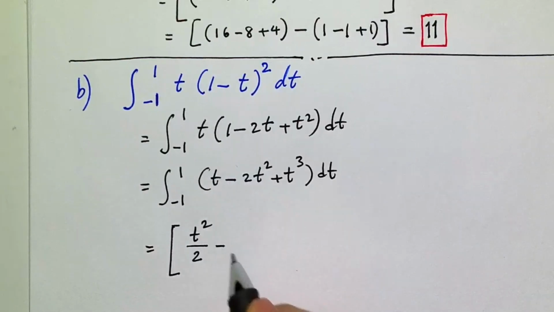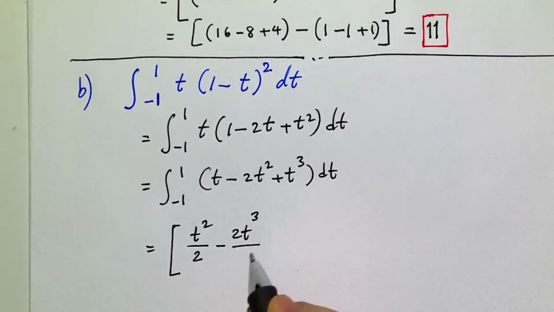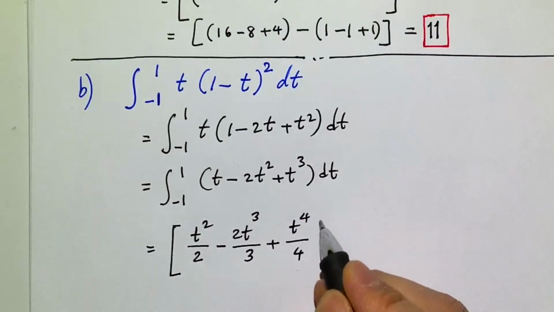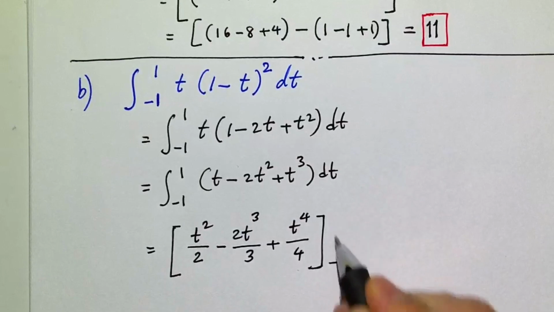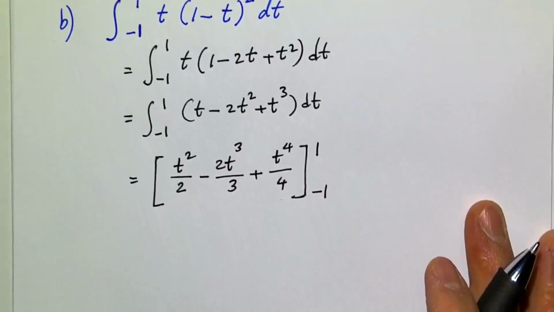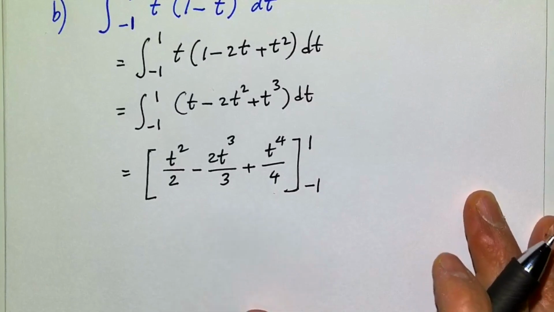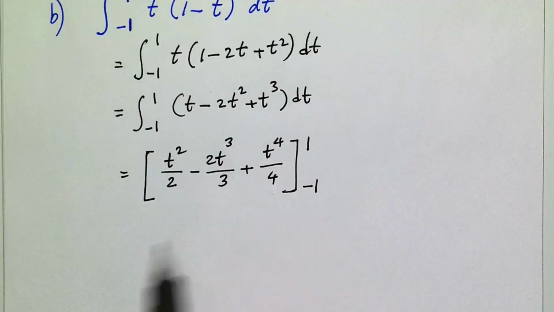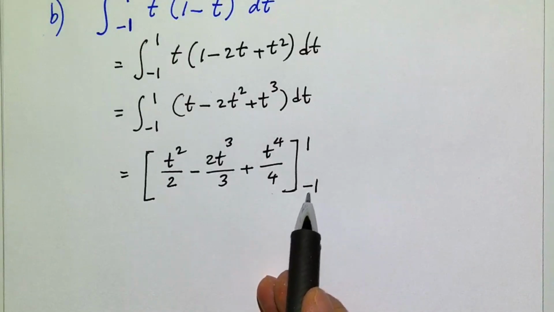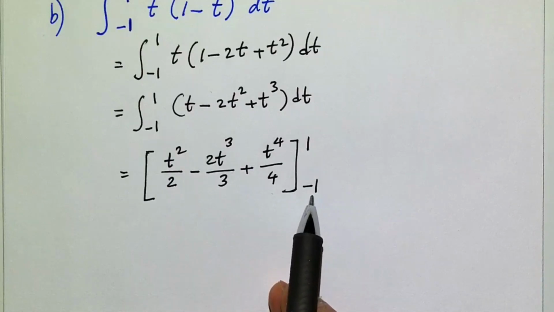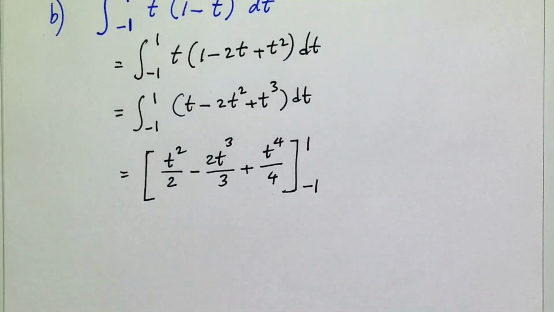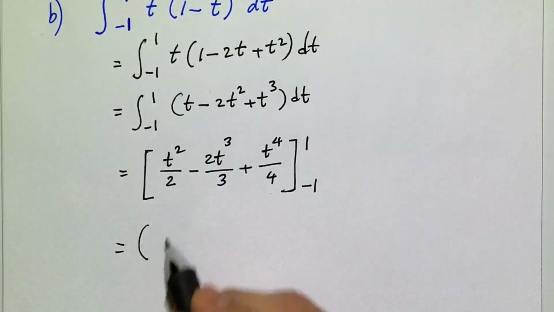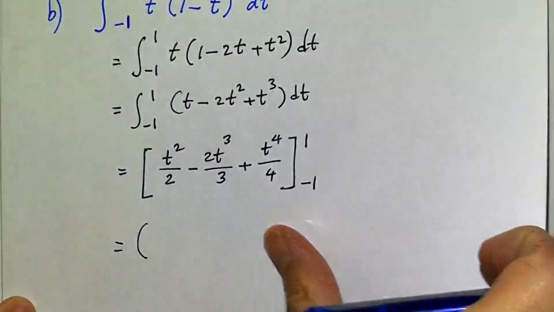So this is what we get: t squared over 2 minus 2t cubed over 3 plus t to the 4th over 4, of course evaluated from -1 to 1. Okay, so now let's plug in 1 for t, and then we will plug in -1 for t and subtract that from that quantity. So when all is said and done, this is what we should get.